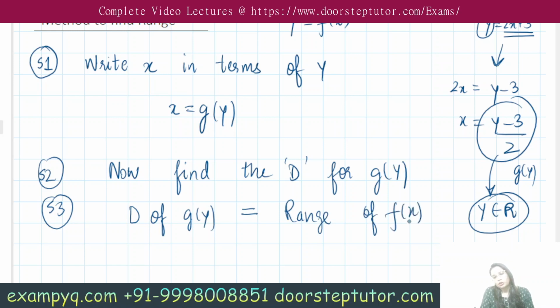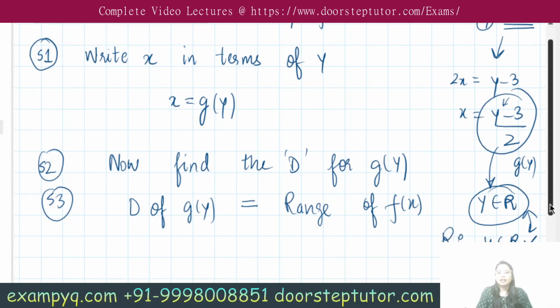So whatever you have found as the domain, that is y belongs to R, you will say that we have found out the range, which is y belongs to R. So you replace x and y, you find the domain. The domain is now in terms of y, and we were looking for the range. Range was what? The set of all values of y only. So yes, we have found it, which is y belongs to R.